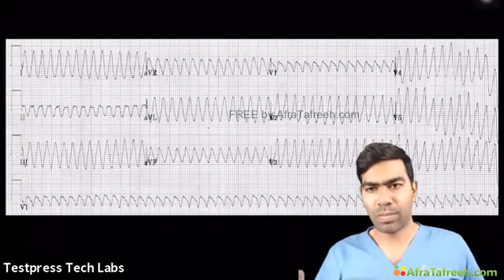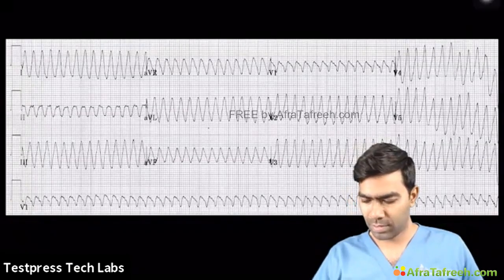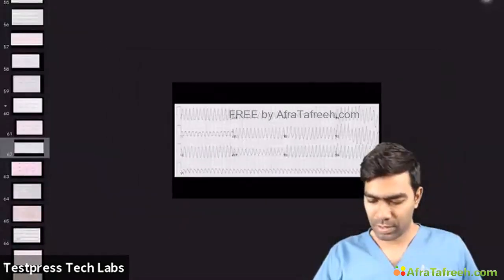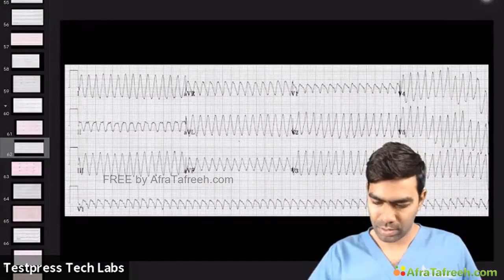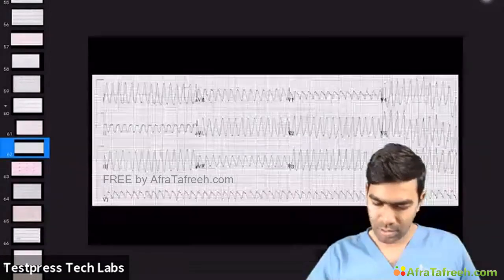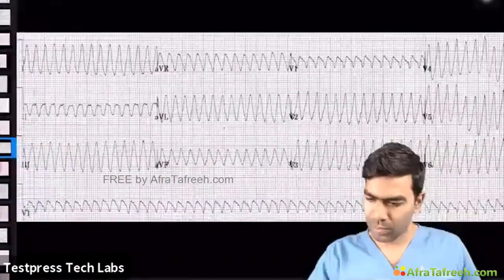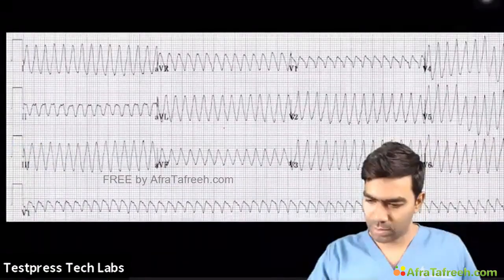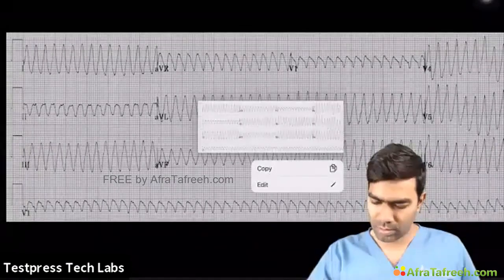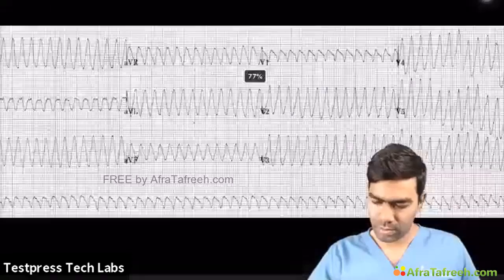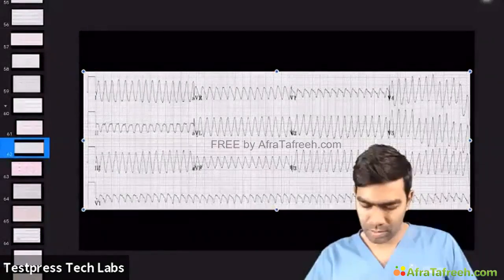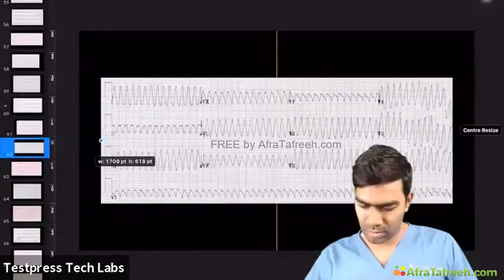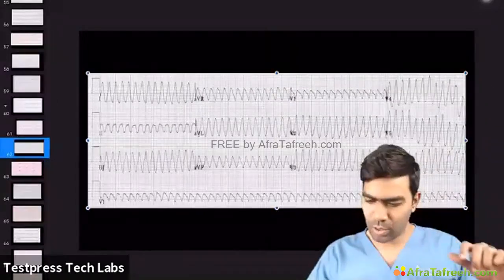One important clue I will tell you. This is very easy to find. Let me edit and show, then you will understand. I couldn't do anything.